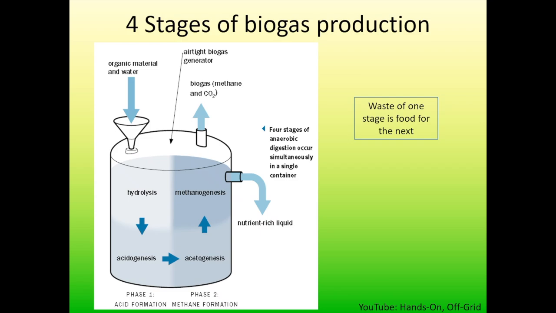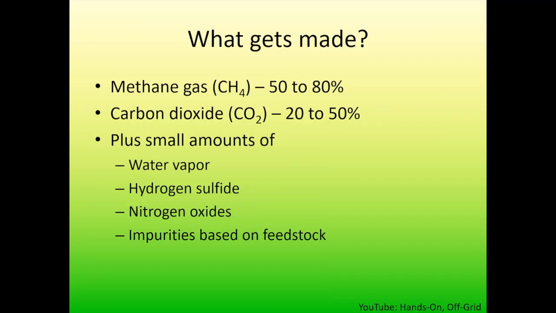Acetogenesis is the conversion of organic acids into acetic acid, which is what makes vinegar. Methanogenesis is the development of methane-producing microbes by combining hydrogen and CO2 produced during the acid-forming phases to create methane. In addition to methane and CO2, there will be impurities in your gas that are related to the feedstock that goes into the digester. This goes further back up the food chain to whatever was used to grow that feedstock.